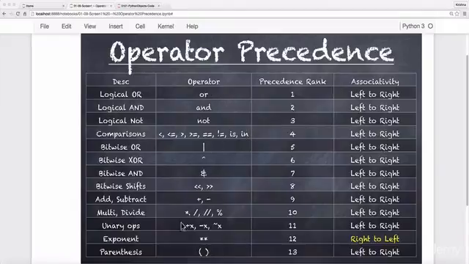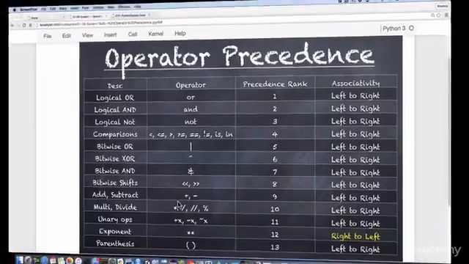The highest priorities are at the bottom of the table, and the lowest precedence is at the top. For example, logical OR has the lowest priority, whereas the parenthesis has the highest, meaning anything within parentheses is executed first. Let us see some examples.